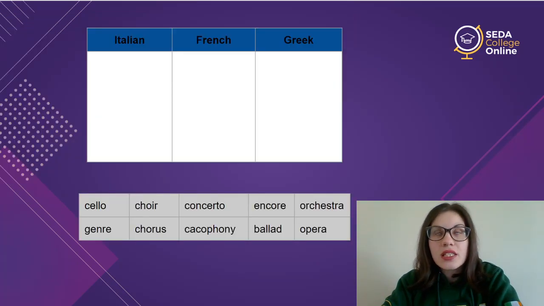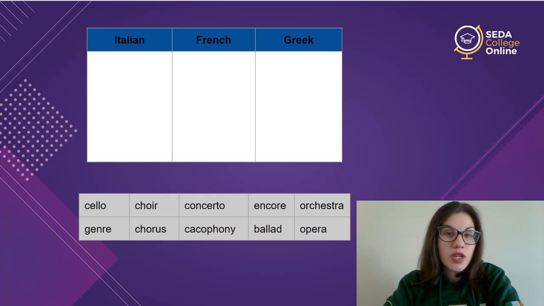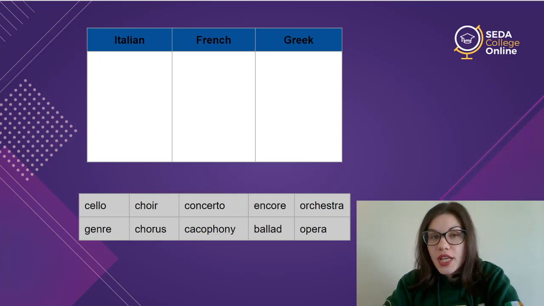What is important to mention here is that most of the words that we saw in the two previous exercises do not originate in the English language. They come from one of these three languages that you see here, either Italian, French, or Greek.